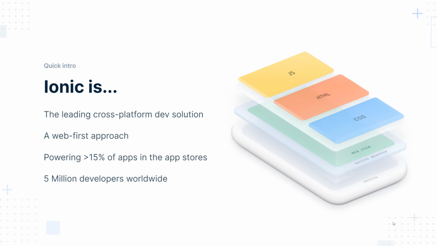Because we've been around for a number of years, building up this approach of using the web to build really killer apps, we've got millions of developers worldwide using the Ionic platform and all of our open source and enterprise technology. And we're powering over 15% of apps in the app stores. So that's pretty incredible. And that's not to mention the thousands upon thousands of internal apps in companies that are running today as well. So millions of apps in the stores and distributed around the world.